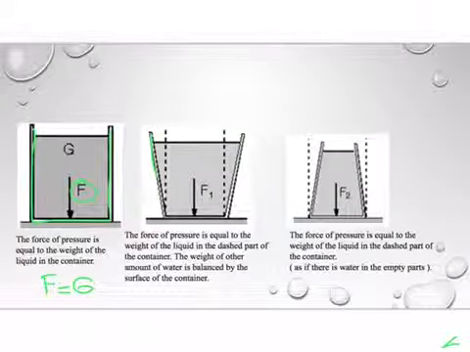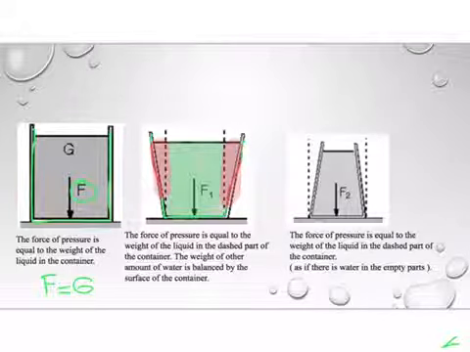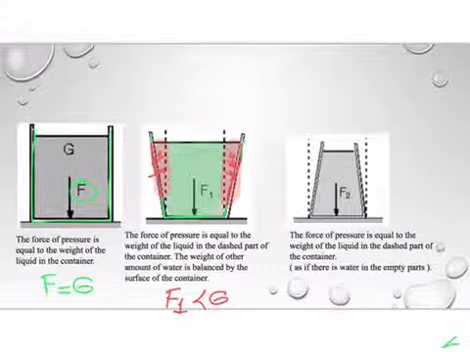If your container is getting wider, like this, the force of pressure is equal to the weight of the liquid in the dashed part of the container, as if there is liquid just here, not this part. Because the weight of the other amount, this red part, is balanced by the surface of the container. So here the force of pressure is smaller than the weight of the liquid.